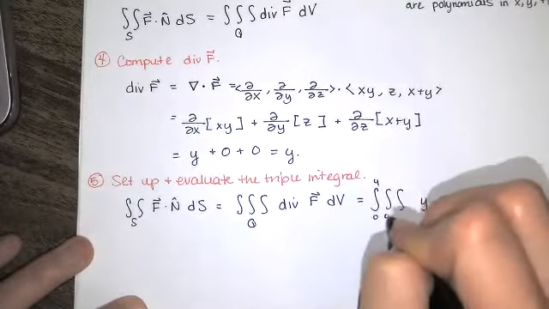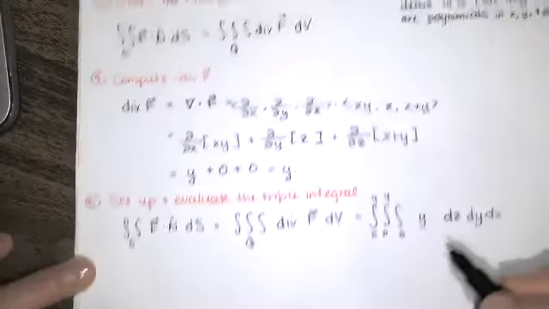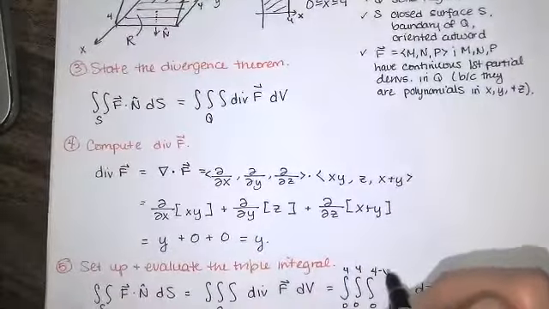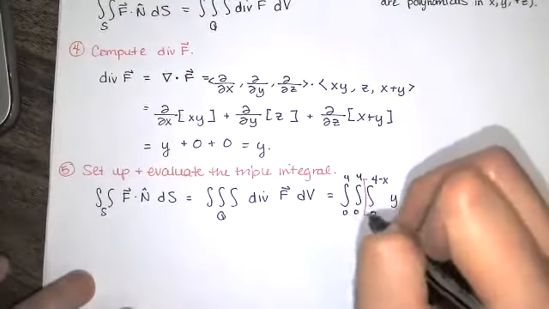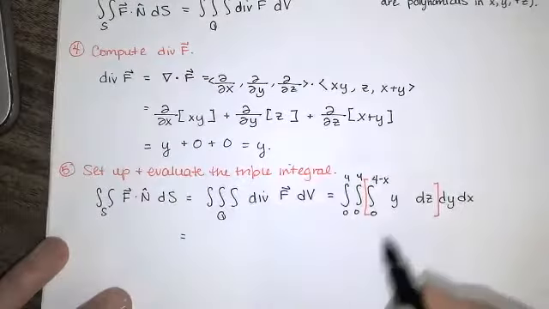X and y both go from 0 to 4, and we said that z goes from 0, that's in the xy plane, to this top function, z equals 4 minus x. And then we just work our way out. Start on the inside and evaluate integrals.